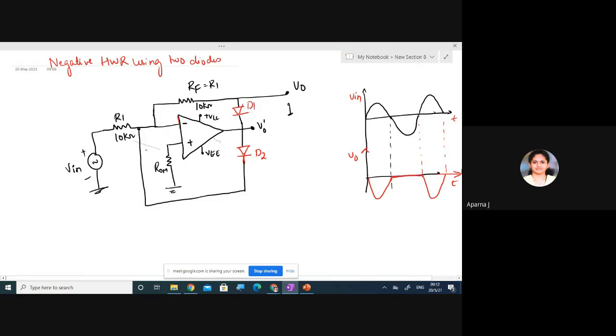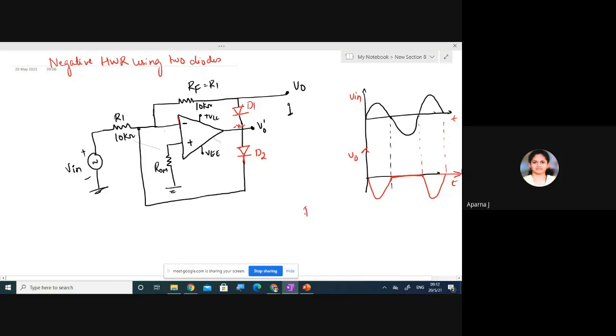So during positive cycle, this terminal voltage is more, and this terminal voltage is less. So output here initially it will be at minus Vsat value. Due to this negative voltage, minus Vsat value, this diode will conduct, whereas D2 is turned off.